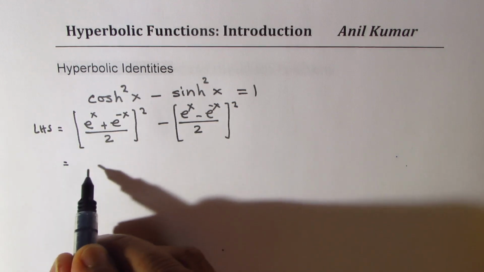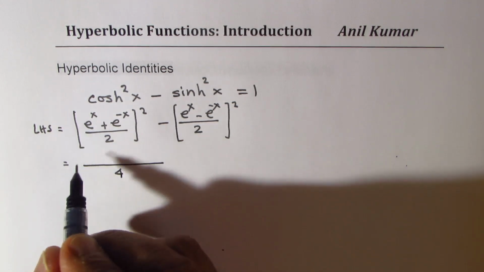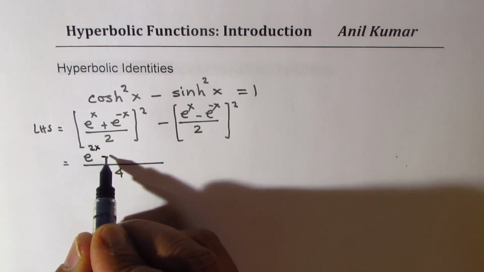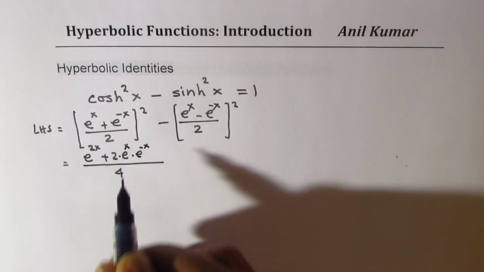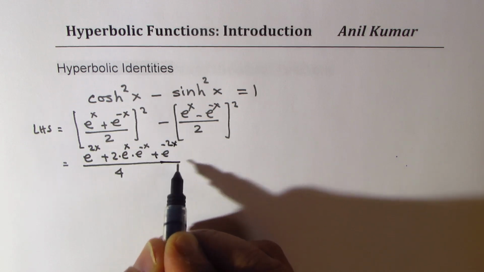So when you square, what do you get? You get 4 in the denominator, and here you get e to the power of 2x, plus 2 times e to the power of x times e to the power of minus x, plus e to the power of minus 2x, correct? That's what you get.